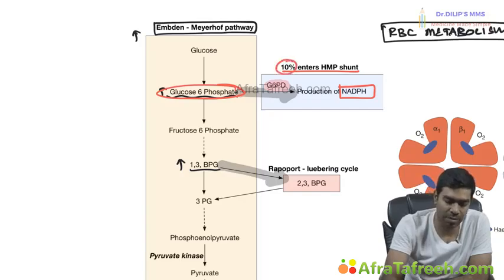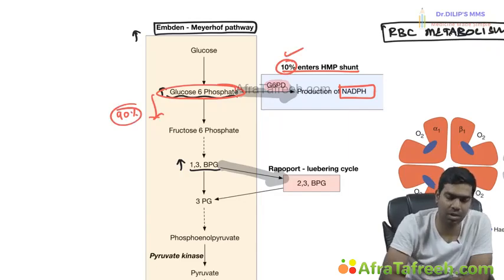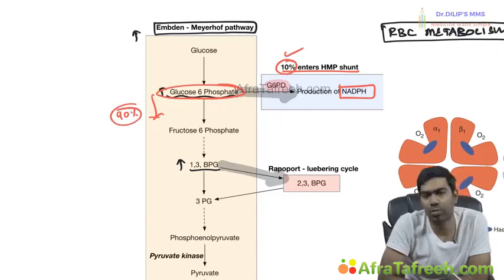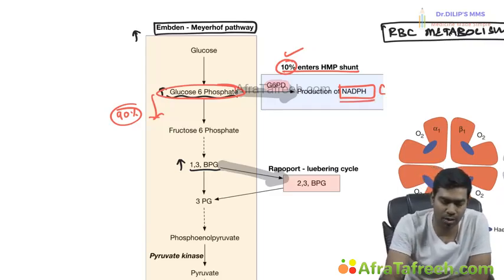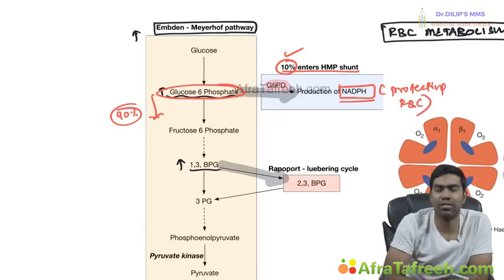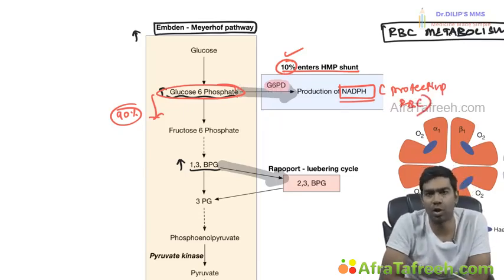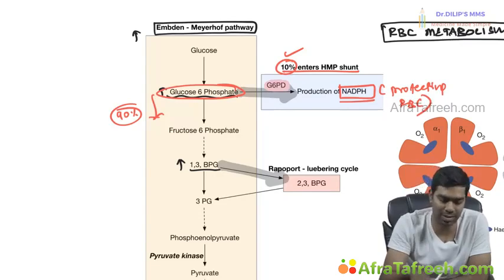Almost 90% of the glucose goes to routine glycolysis, and 10% is shunted towards the hexose monophosphate shunt to produce NADPH, which is very important for protecting the RBC membrane and the hemoglobin from oxidative stress.